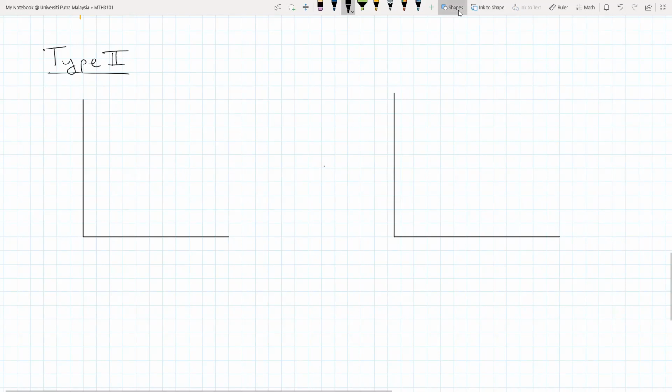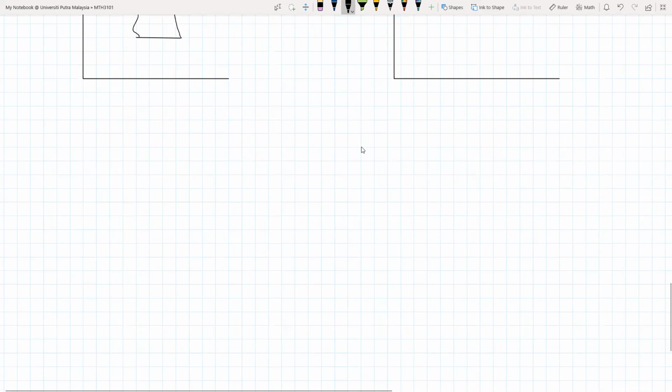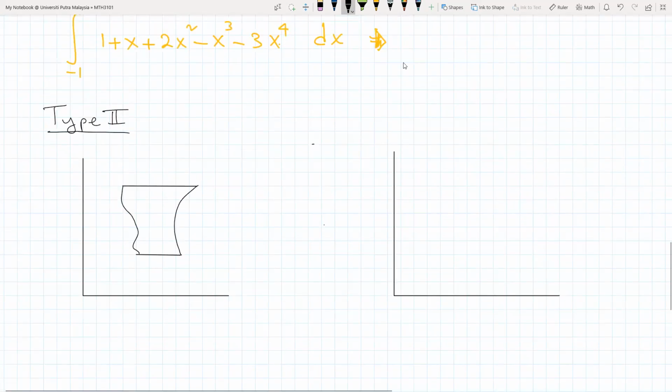So kalau saya pick a boundaries on top, dia terbalik je daripada type 1. And then the second graph, same thing, dia terbalik.